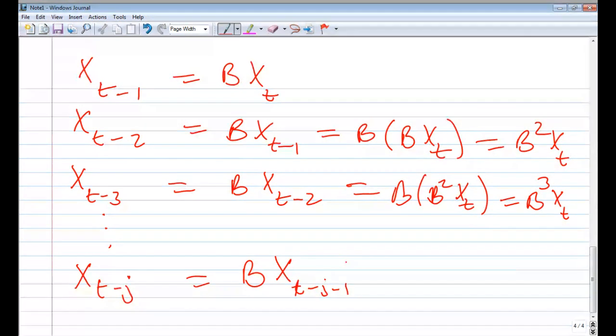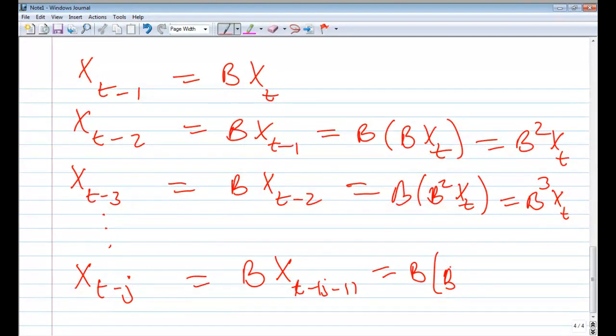Remember, j is a one thing. Take it as a one thing. So it's xt minus j minus 1, which is equal to b, open brackets, b to the power, anyone?